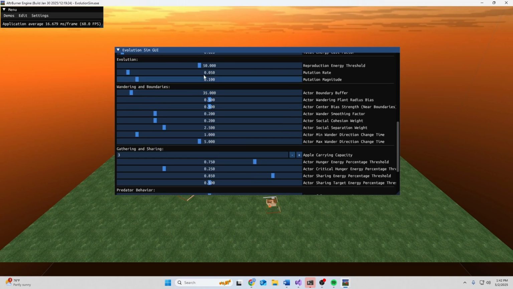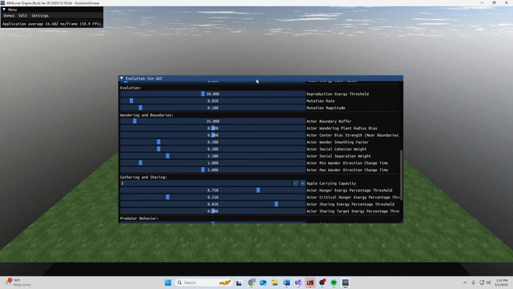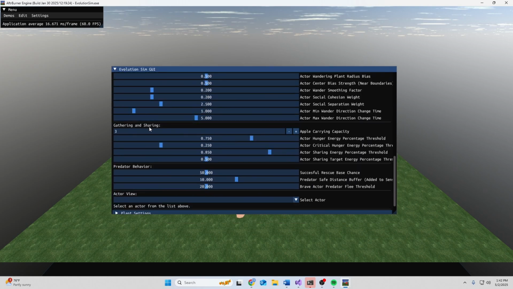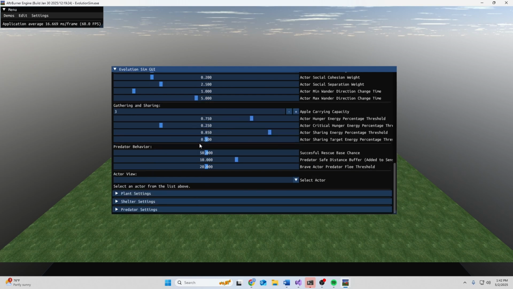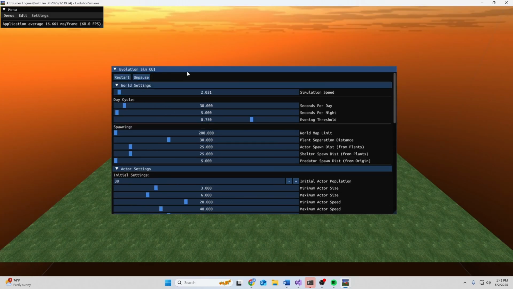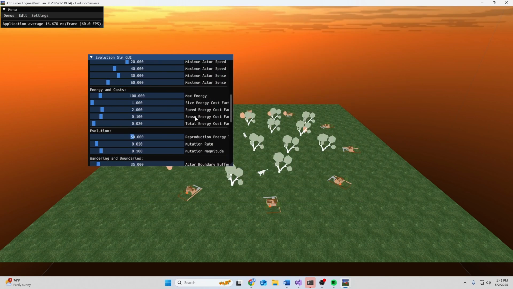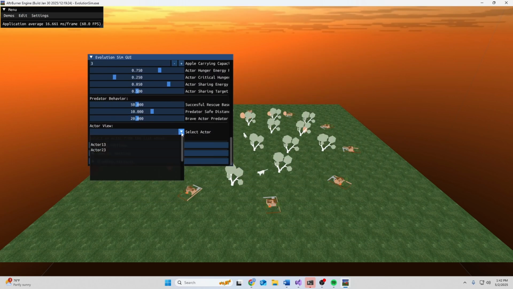You can define how they wander around the map. You can define how they gather food and how they share with each other. You can define how they respond to predators. And you can view different actors.